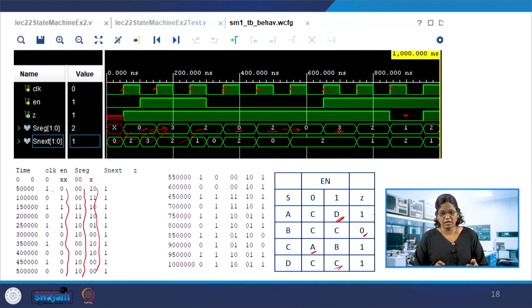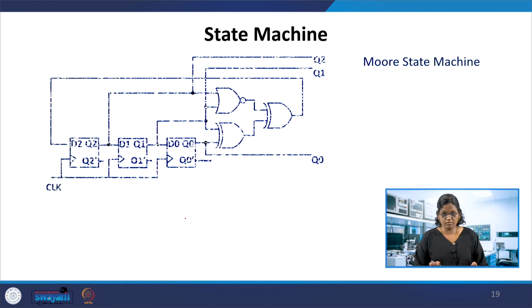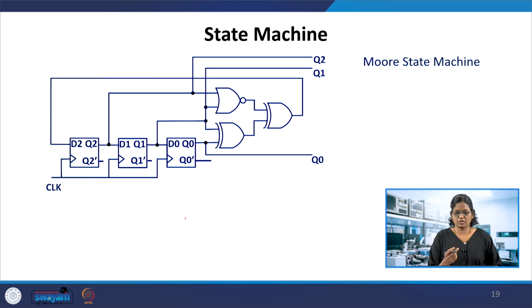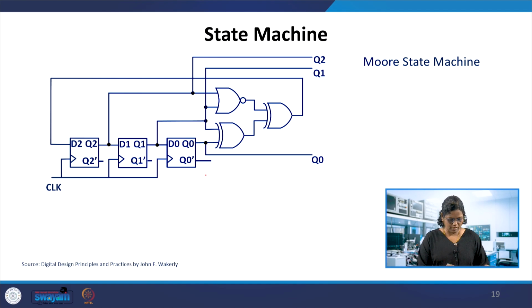Now, taking another example, so far we have considered 2 bits in the states, so there were 2 flip-flops. This example has one more extra flip-flop, so 3 flip-flops, and there will be 8 states.